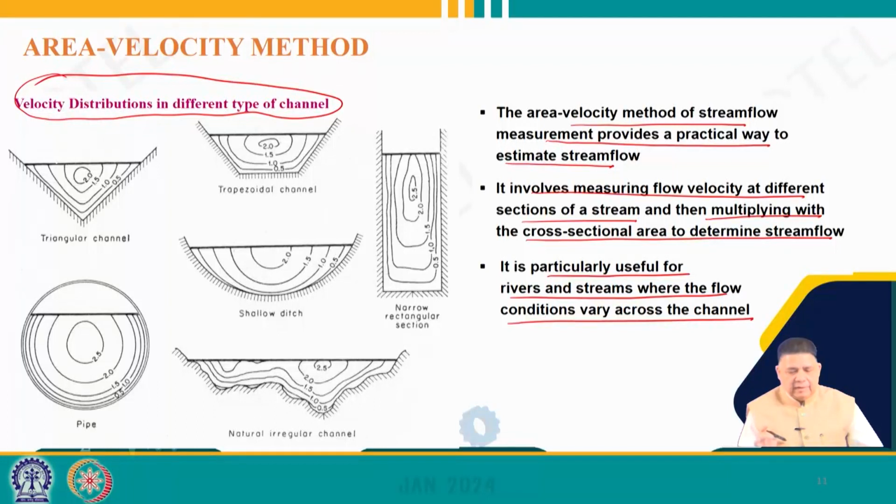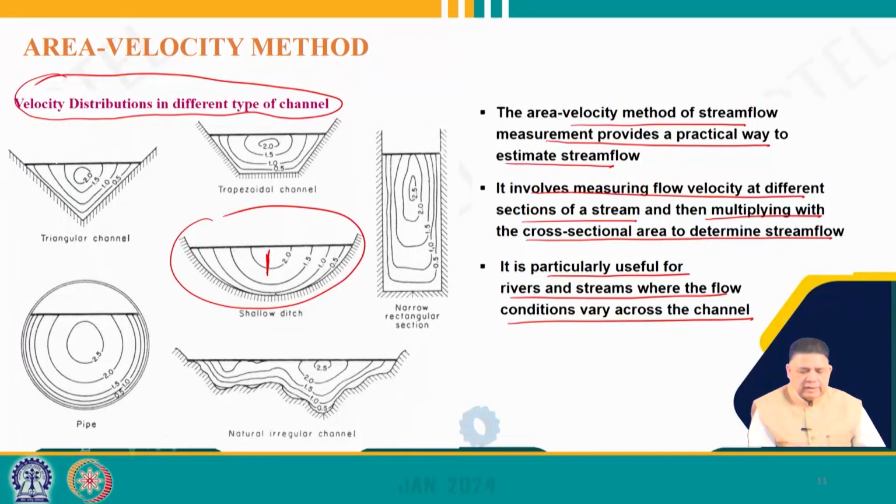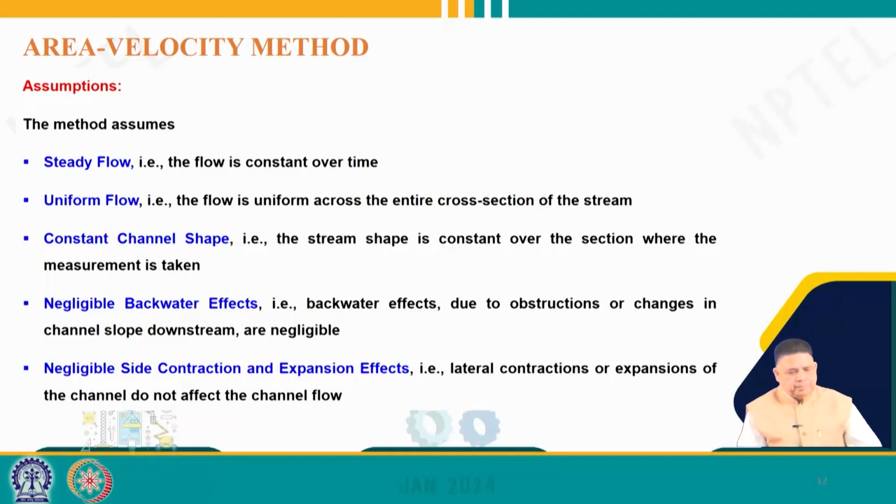Because if you consider this kind of thing, so if you measure velocity here and the cross section here, probably you will get a wrong picture because velocities of flow are very different at different sections. So, that is why we make several measurements or measure flow velocity at different sections of the stream and then multiply that with the cross section in order to get the correct value of stream flow.